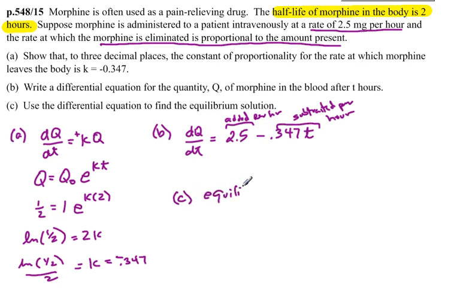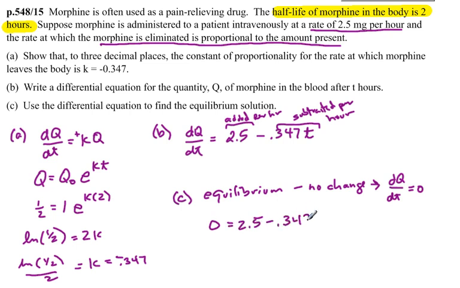Now in part C, we're asked to find the equilibrium solution. Well, an equilibrium solution is where we're stable, and if we're stable, that means there's no change, and if there's no change, that means that dQ/dt equals 0. So we simply solve the equation for when 2.5 minus 0.347Q equals 0.